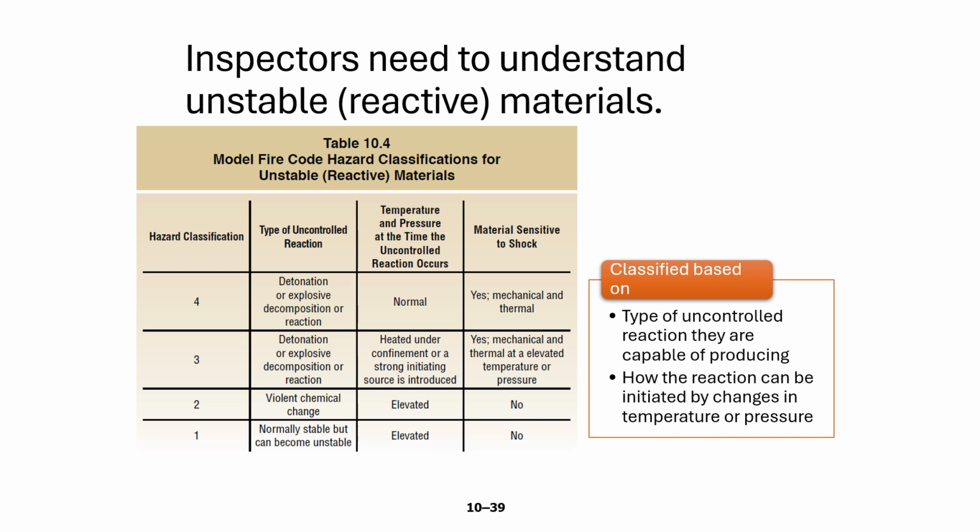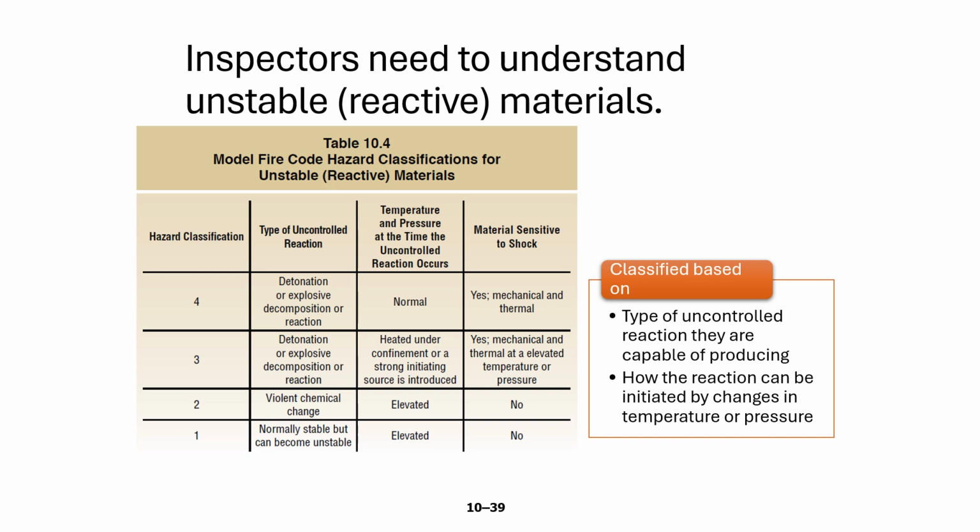When we look at table 10.4, on page 395 of your manual, we've got classifications 1 through 4, the type of uncontrolled reaction, the temperature and pressure at the time of the uncontrolled reaction, and whether the material is sensitive to shock.